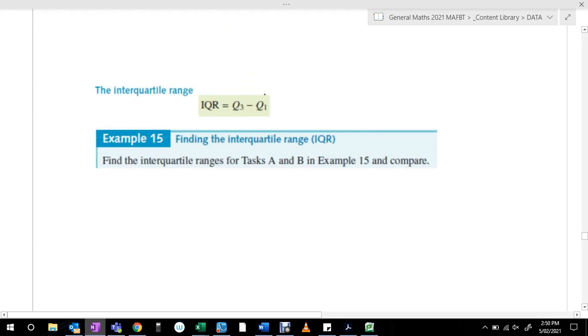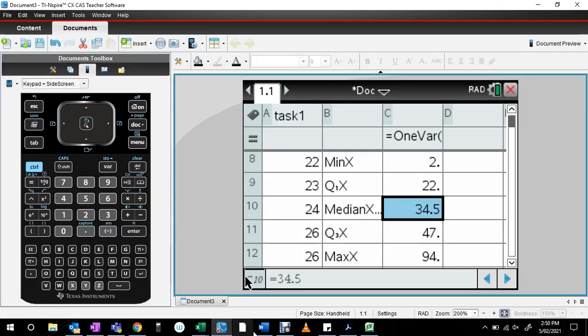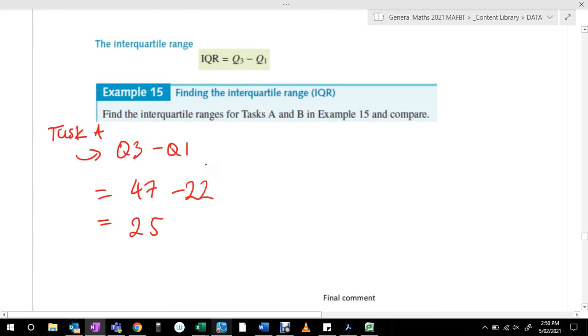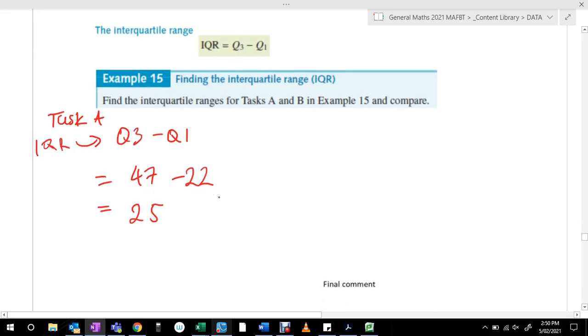So if we do Q3 minus Q1 for task A, that's 47 minus 22, which is 25. So that means for task A, the IQR is 25. Easy.